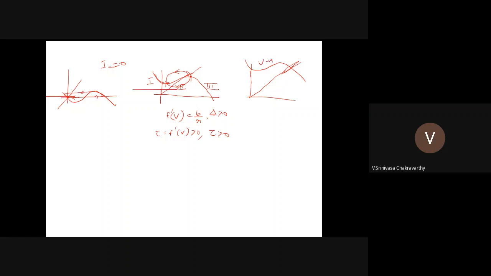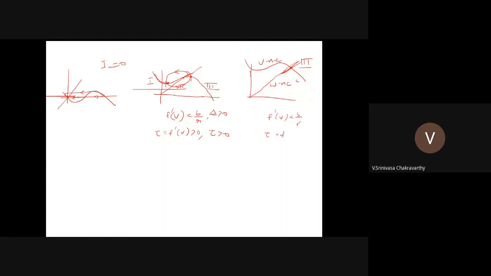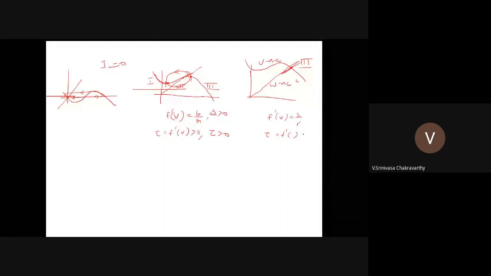These two intersect in the third branch, so the second branch. So at this point again, f prime is negative, and therefore this is always true. But tau is also negative. Right, so therefore this is a stable point, right?